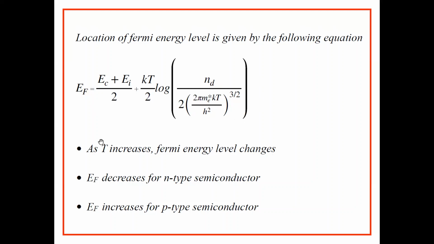So as T increases, Fermi energy level changes. For N-type semiconductor, Fermi energy level decreases, whereas for P-type semiconductor, Fermi energy level increases.